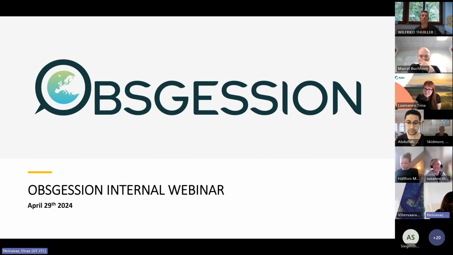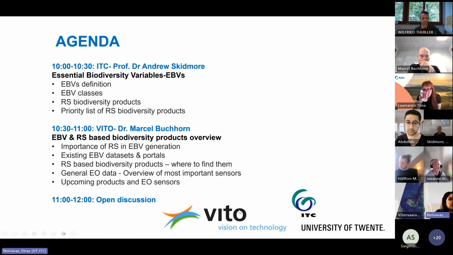I just want to give you a quick overview about the agenda. We have for this webinar 2 presentations. The first one will be presented by our esteemed colleagues at ITC, Andrew Skidmore, about the essential biodiversity variable.